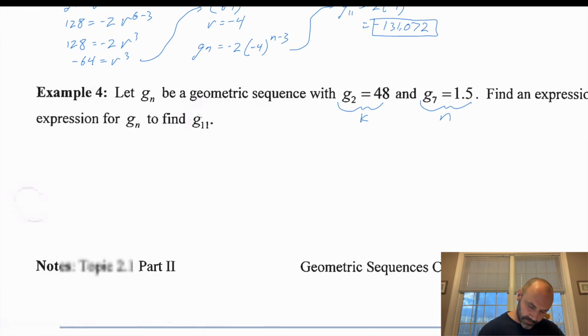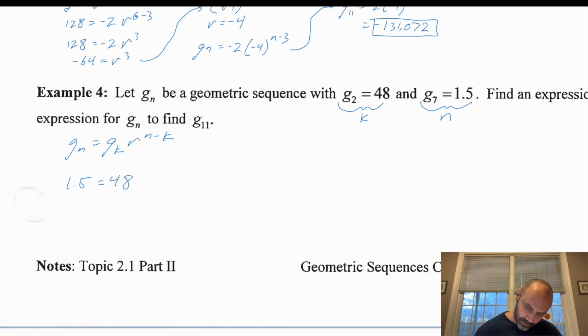The general form looks like this: g of n equals g of k, r to the n minus k. g of n is 1.5 equals, this is 48, r to the 7 minus 2.